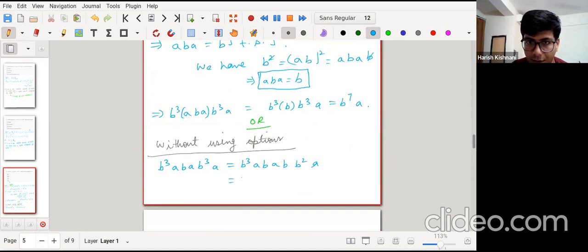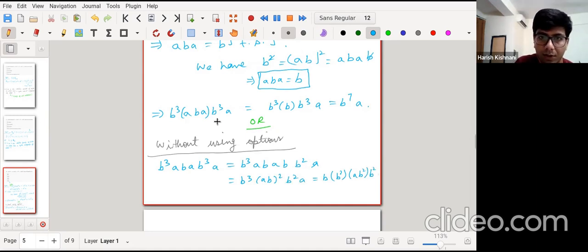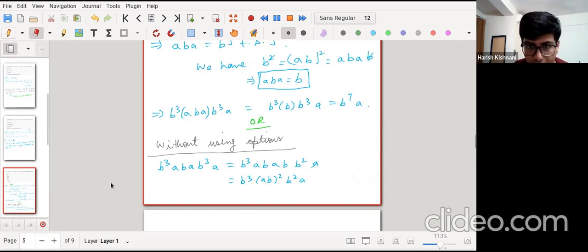Which I also like to write as b times b square, a b whole square, then b square, and then a.